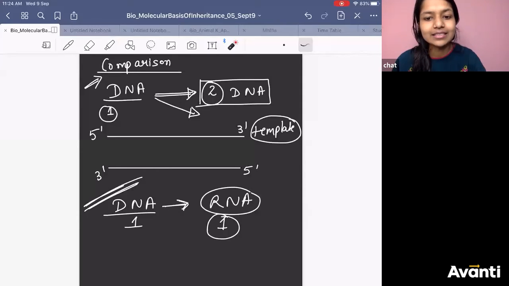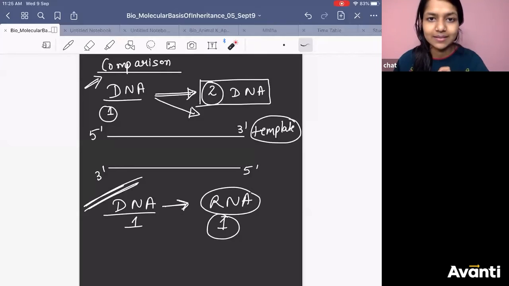Think. Don't just go by the book. Logic. To make 1 RNA, you will require 2 strands of DNA or 1 strand of DNA? 1 strand, right? To make 1 RNA, you will require 1 strand of DNA.